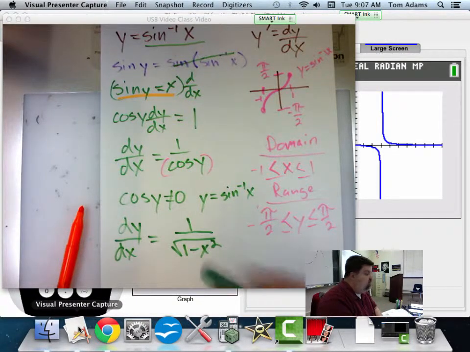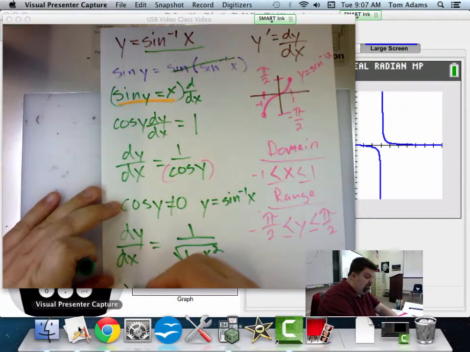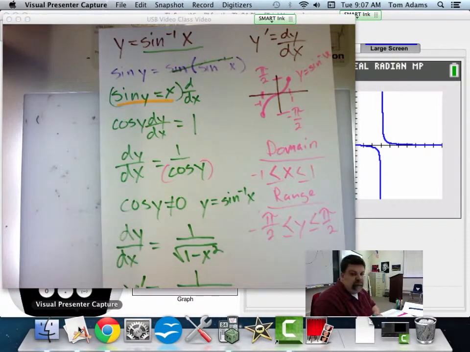Now, truthfully, you won't want to derive this when you take the AP exam. In your textbook, there's a whole bunch of these listed that have already been worked out for you. So what I'm saying is that y prime is 1 over the square root of 1 minus x squared.